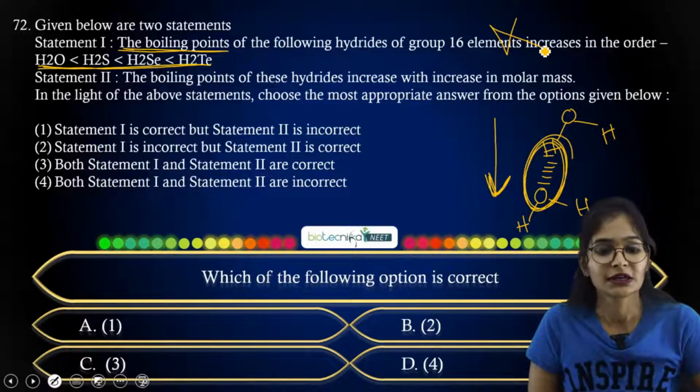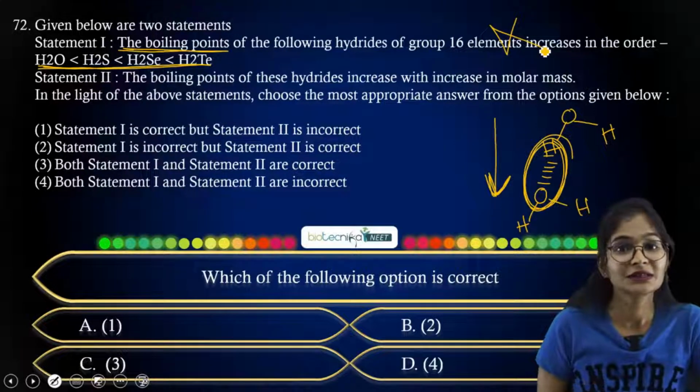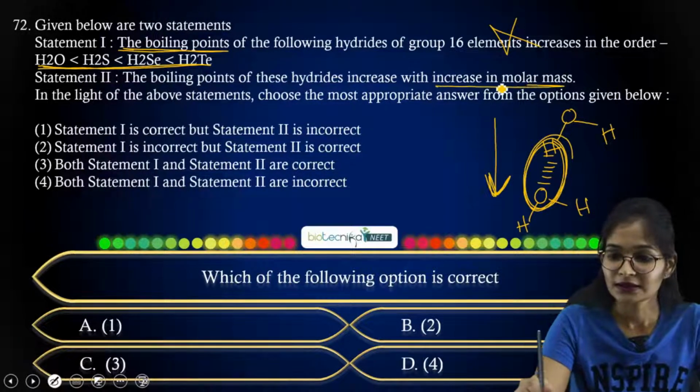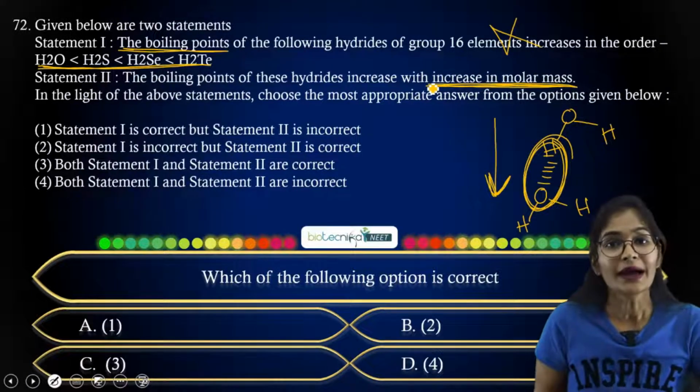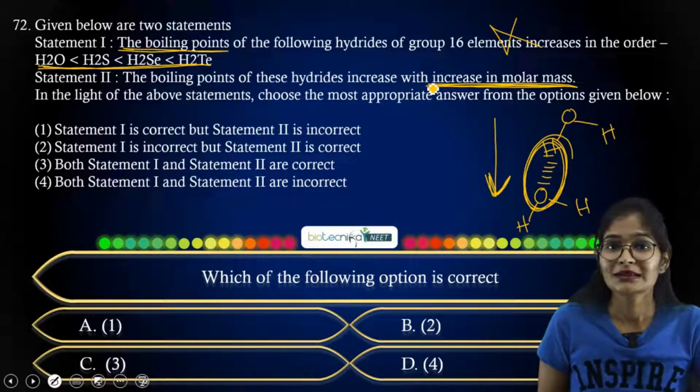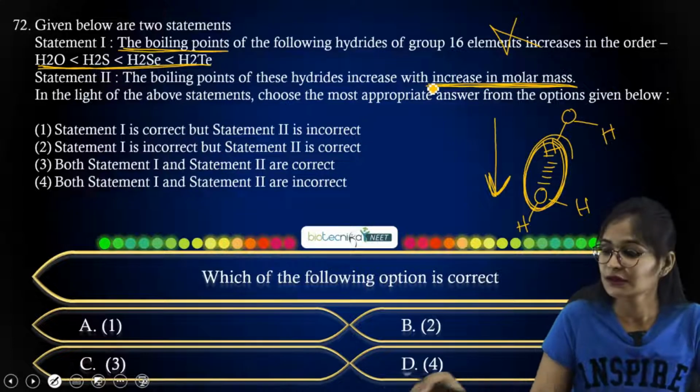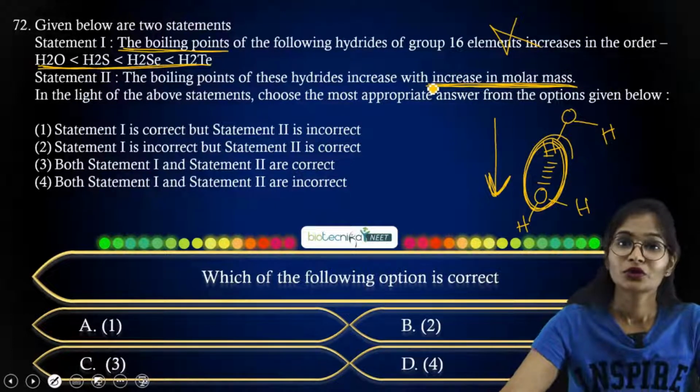Now coming to statement 2, they have given the reason as the increase in molar mass. Is molar mass really what mainly affects the boiling point of hydrides?